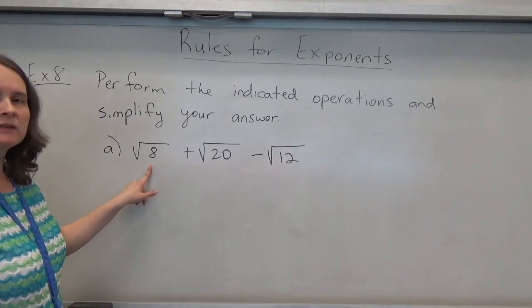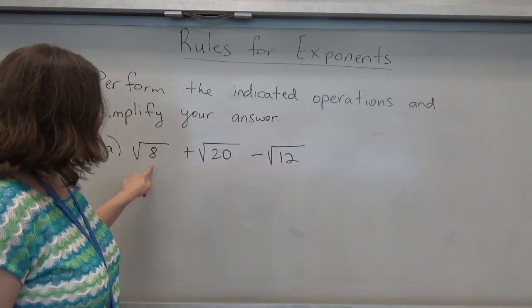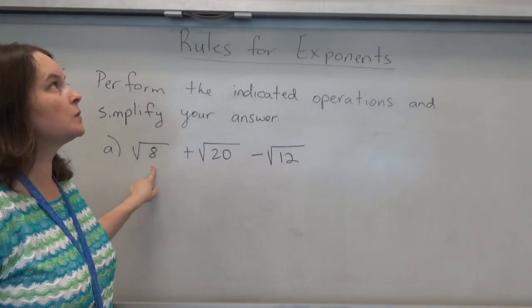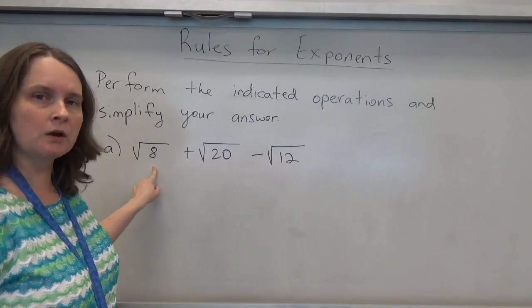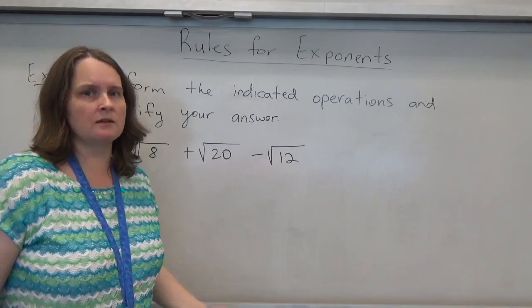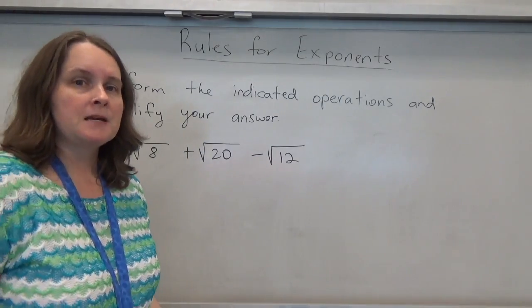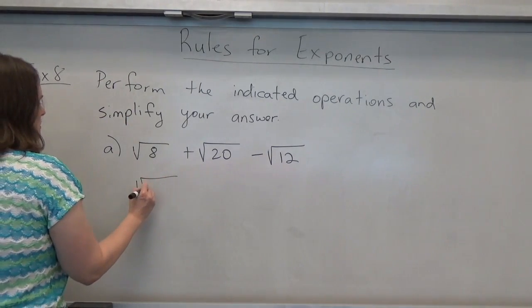Looking at the square root of 8, can we write 8 as a perfect square times anything? Again, you'll remember the numbers that we listed out, the perfect squares. Can any of these be used as a factor of 8? Yes, 4. So you can write this as the square root of 4 times 2.